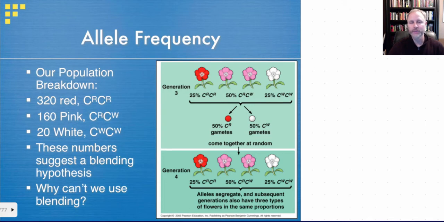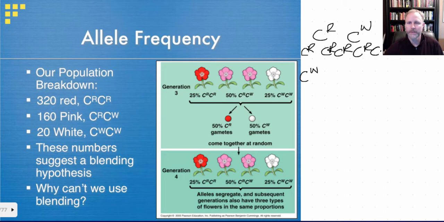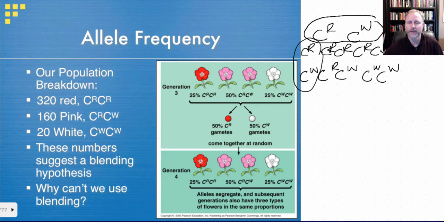And if we set up the actual Punnett square, with C^R and C^W on each side, and we take two pinks and cross them, we get C^R C^R, C^R C^W, C^R C^W, and C^W C^W. So we would get red and white as well as some pink.